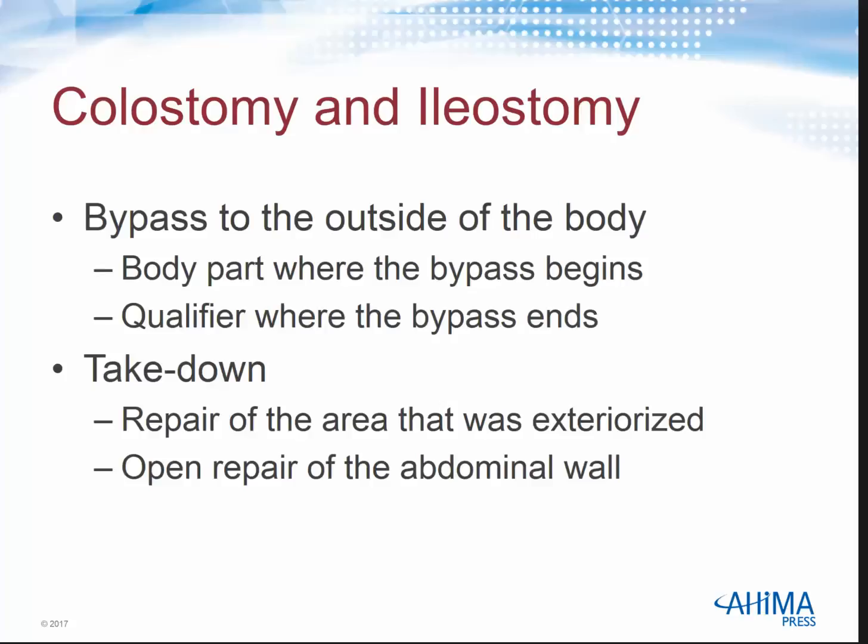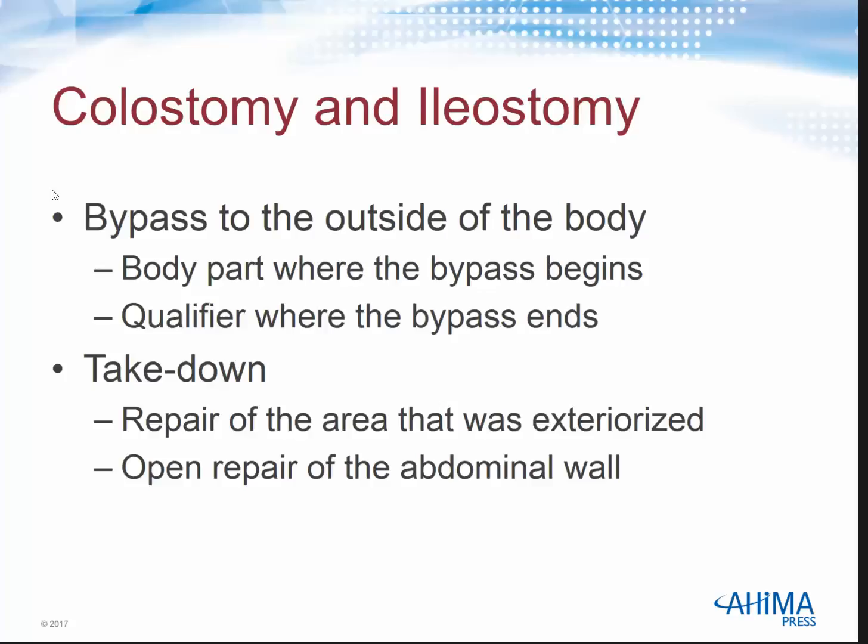A colostomy is basically changing the route. So a patient is no longer going to defecate the normal way. Most likely they have some type of rectal cancer or lower sigmoid colon cancer, and they remove that part of their intestine, and now the physician is creating a new route, a new pathway for the patient to eliminate into what is called a colostomy bag, and that is then a bypass.